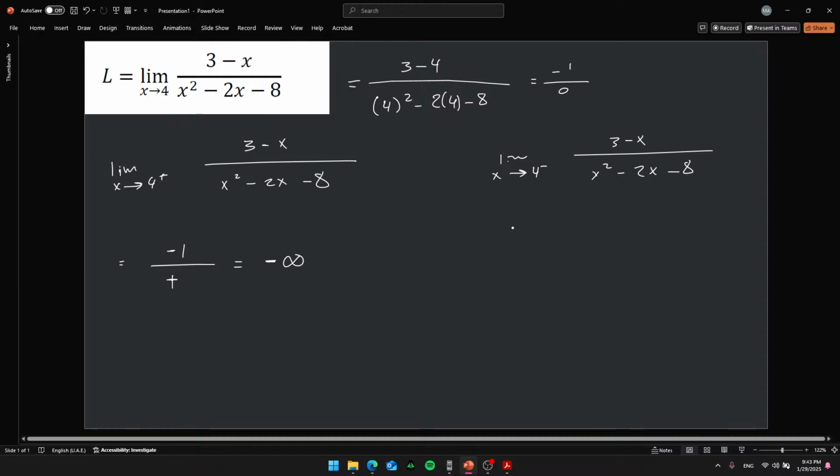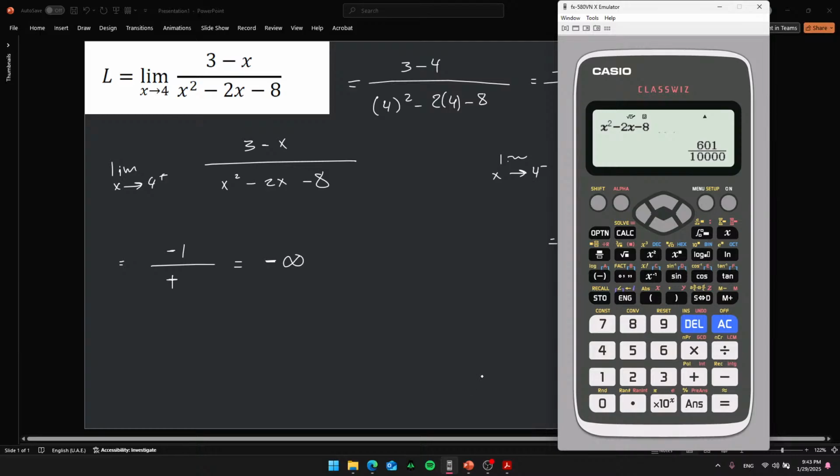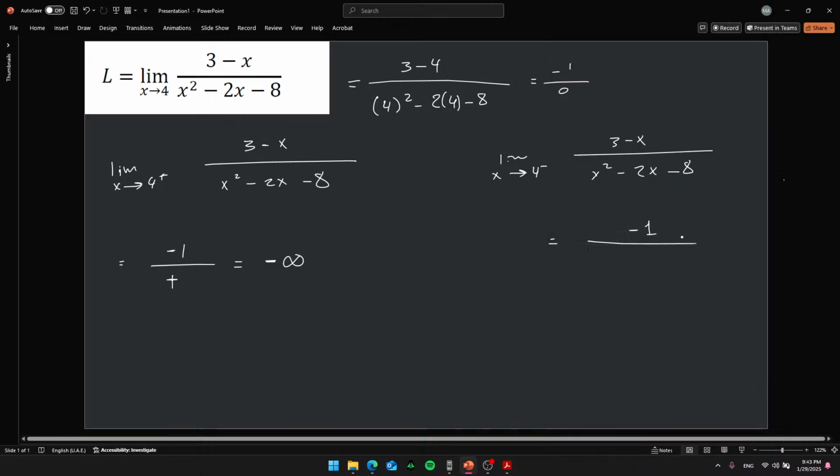And 4 from the left, same thing. Negative 1 over, 3.99 gives a negative number, so negative 1 over negative, the negatives cancel, so positive infinity, I would say. So positive infinity, negative infinity.